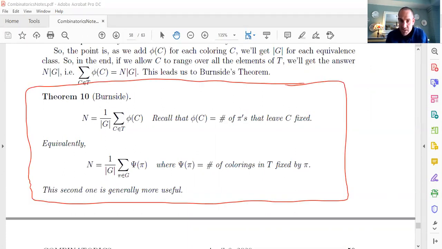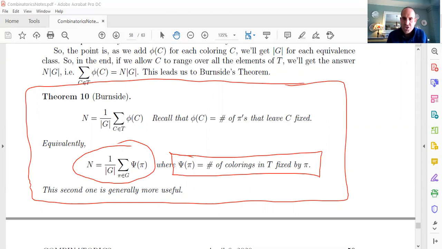And we remarked last time that it's really this second formula that's generally the easiest to deal with. Namely, counting the number of colorings that are fixed by a given permutation is generally a simpler thing to do. So our goal is going to be to compute this quantity in a more efficient way. That's going to be our goal today.